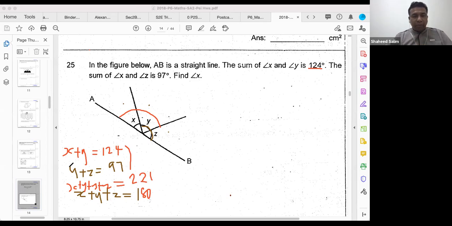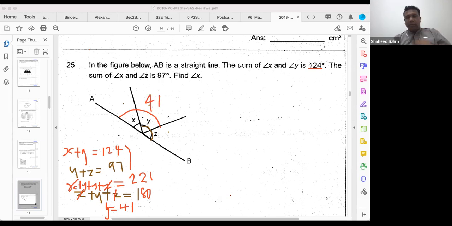Now I take x plus y plus z minus 180. When you minus, there's no more x, there's no more z. 2y minus 1y, you get 1y. And 1y is 41.